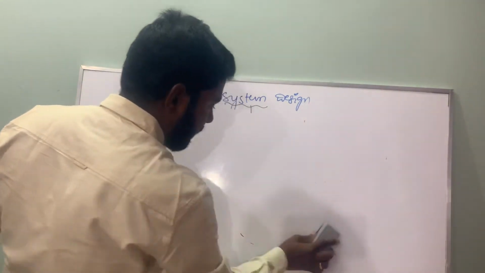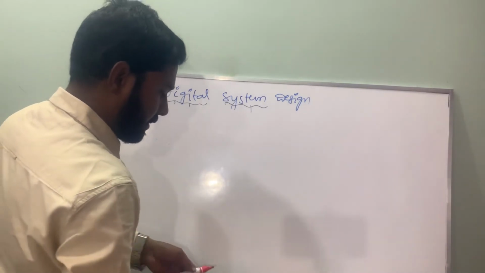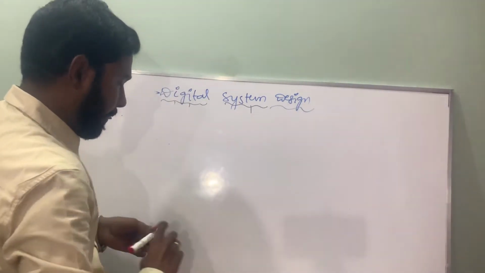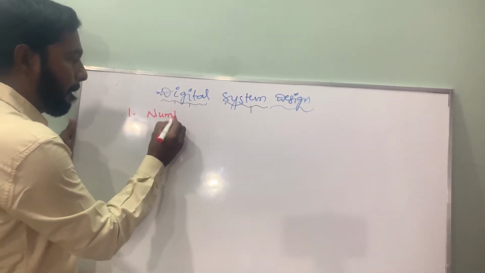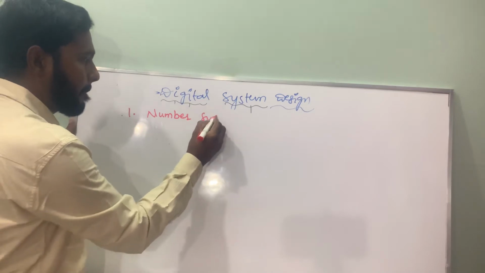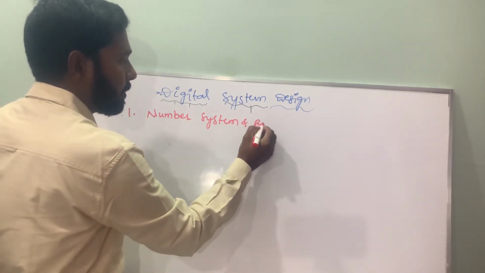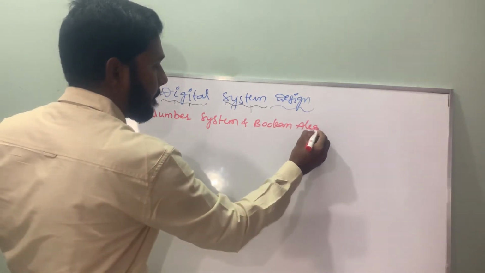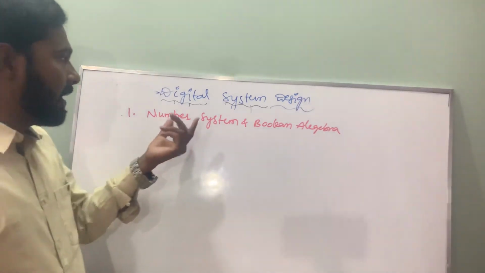First, I am giving the units in our syllabus. The first unit is number system and Boolean algebra.